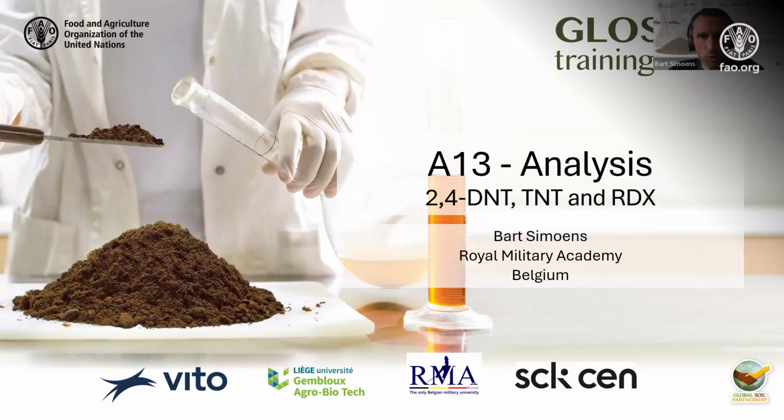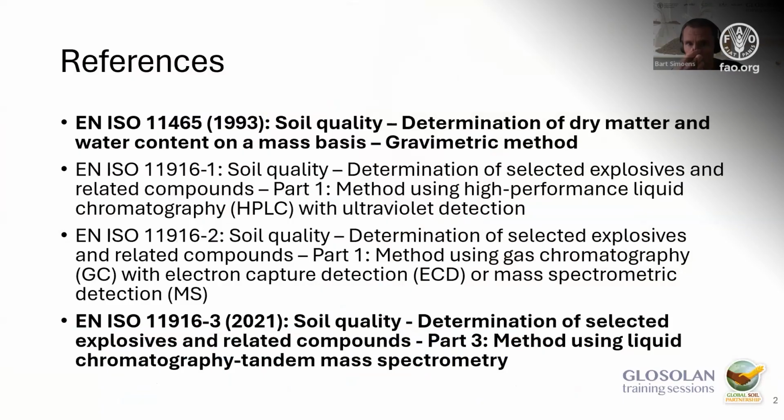Well, thank you, Christophe. So, as you said, I will just talk about the analysis of three compounds that were selected among all the energetic materials, and I think it was a good choice, as I explained in my first presentation. So these are the references, a lot of text, but basically some ISO standards dealing with soil quality. One has been seen before, I think, about determining the amount of water and dry matter in the soil.